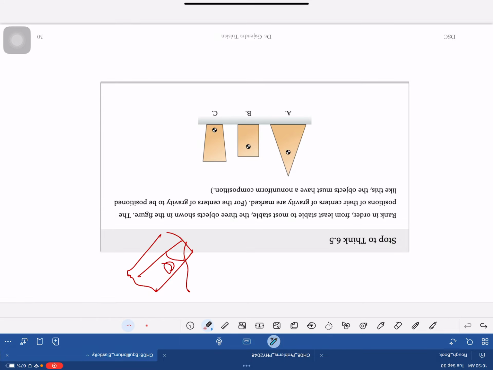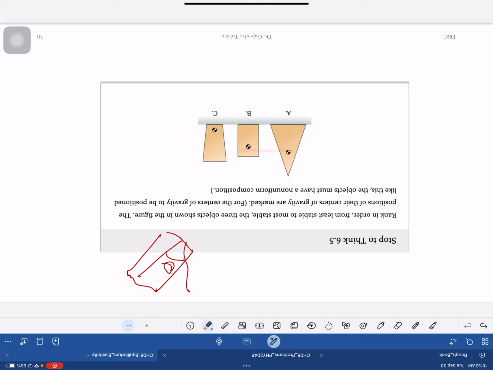So to be more stable, what you want is the center of gravity to be low, and so this has the lowest center of gravity, and you want this to be as wide as possible. So you would have to tip this the largest before it topples over. So this is the most stable.